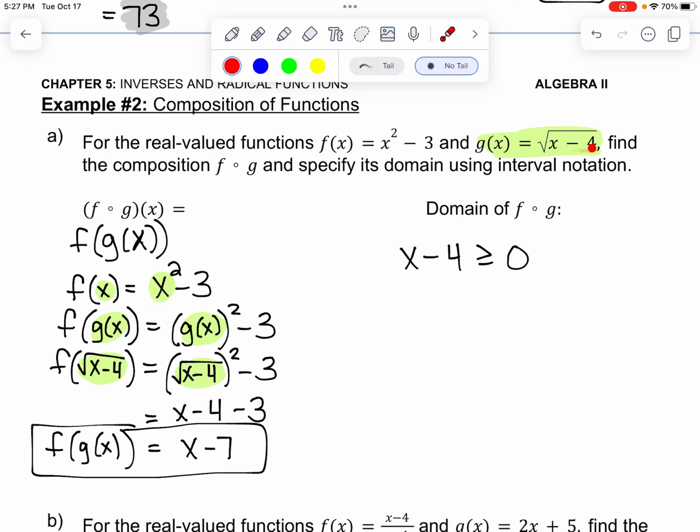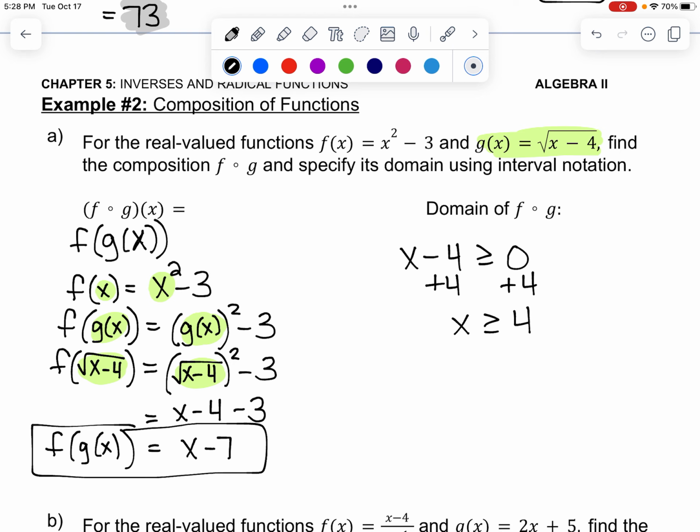Because again, you want to make sure the number under the radical is not negative. So whatever x is, you want to make sure it doesn't make the number under the radical a negative. So if we say that we want x minus 4 to be greater than or equal to 0, we're saying we want the inside of this root to be positive. And if we solve this, add the 4, we get that x is greater than or equal to 4.